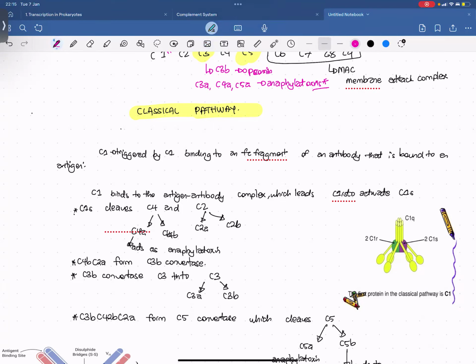And here, where I'm highlighting, C1 is triggered. The first question you can be asked is, what triggers this pathway? What brings about this pathway? So let me just recap a little.